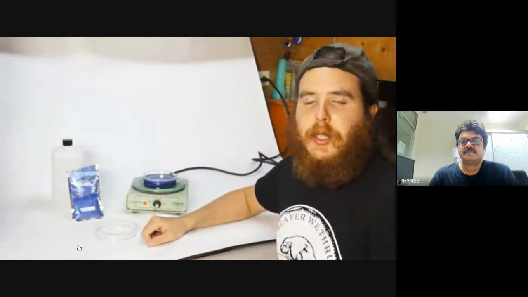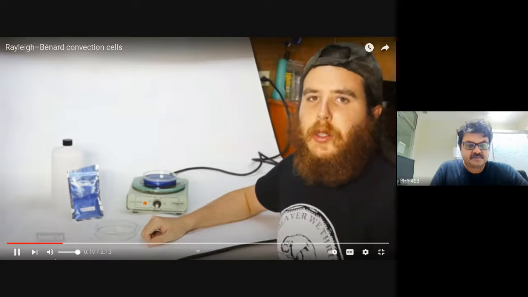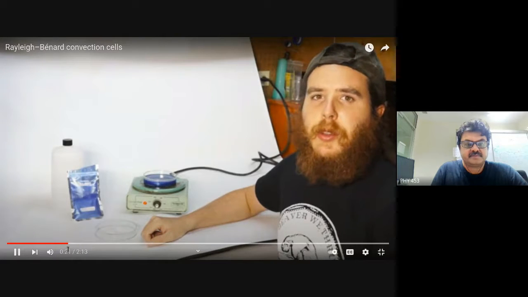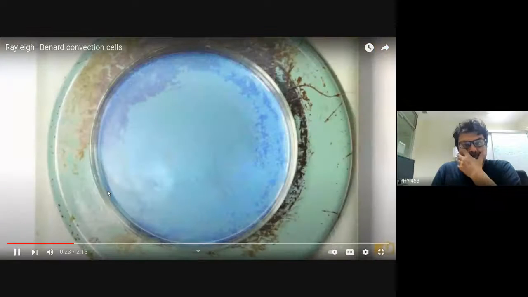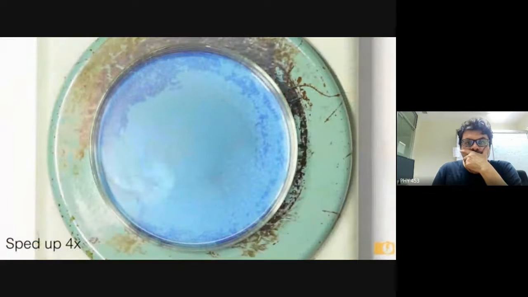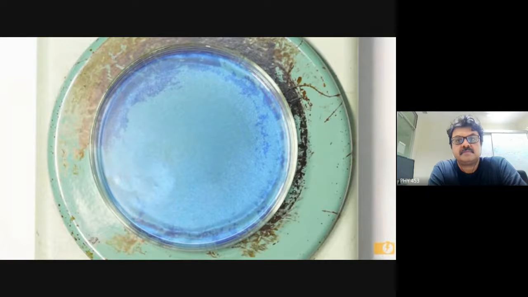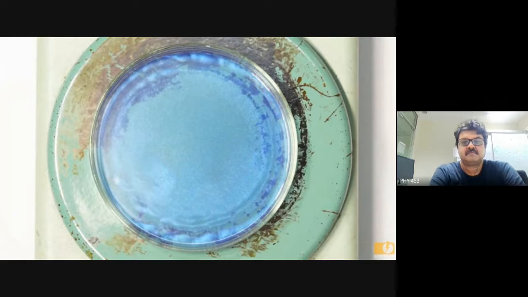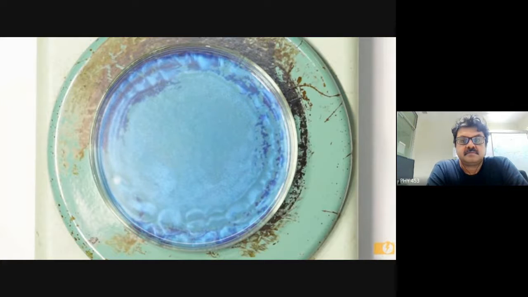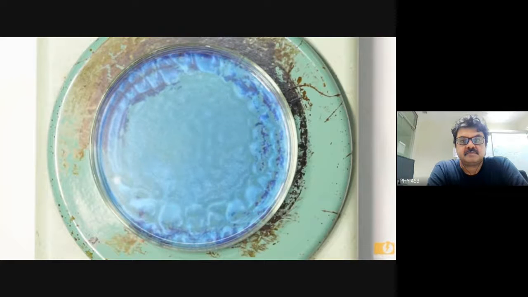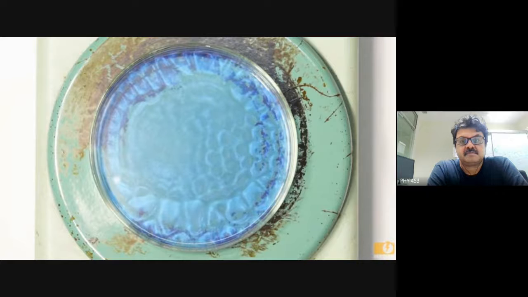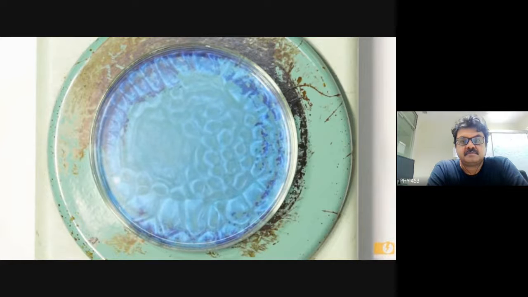This will allow us to see the convection currents in the oil. As the oil heats, we can see a pattern formed in the mica powder. This pattern is Bernard cells caused by Rayleigh-Benard convection. As the oil at the bottom heats, it becomes less dense and thus begins to flow to the surface.